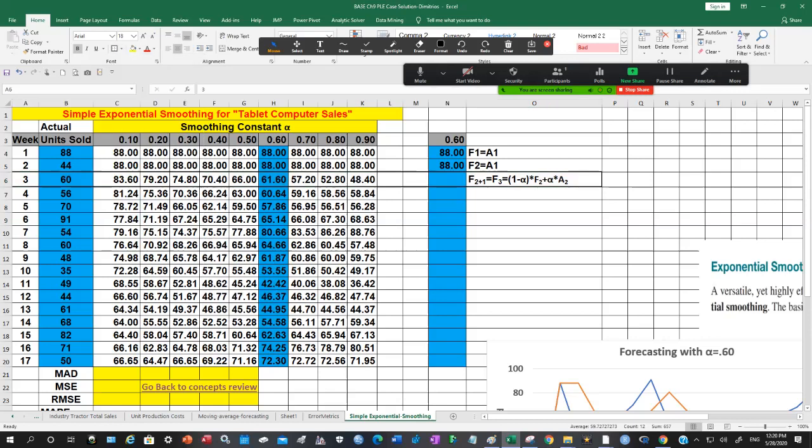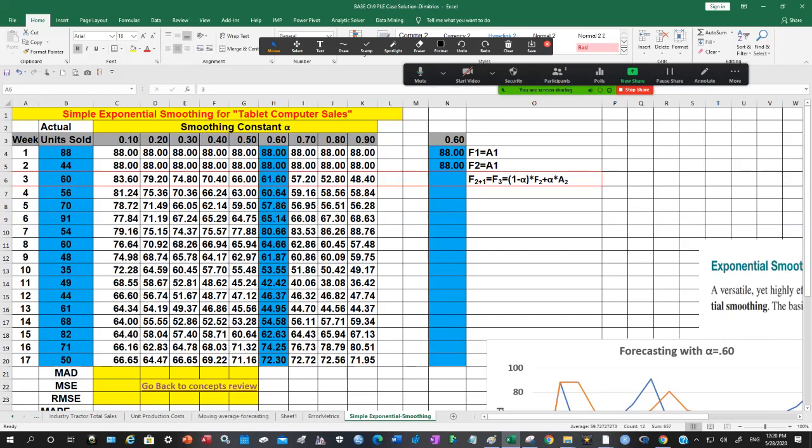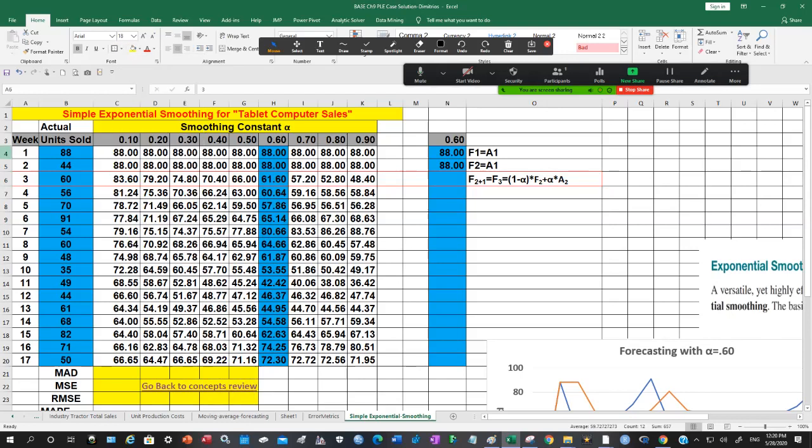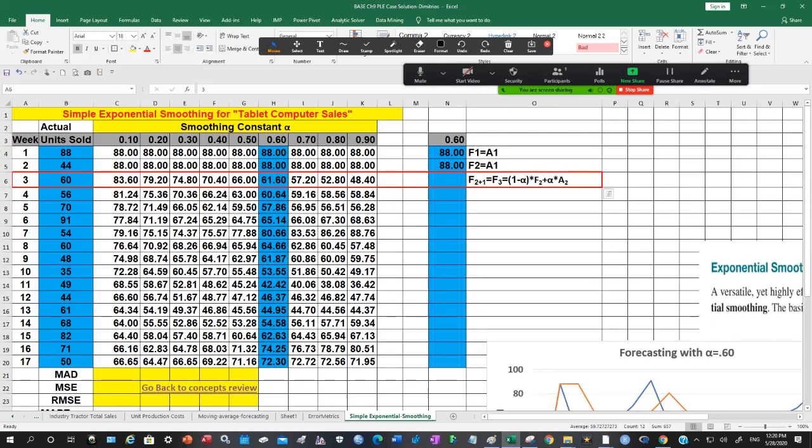Make this a little bit thicker. So this is where we are, and I want to find F of 3. So we have F1, F2. We initialize these first two forecasts, and then I need to find F3.